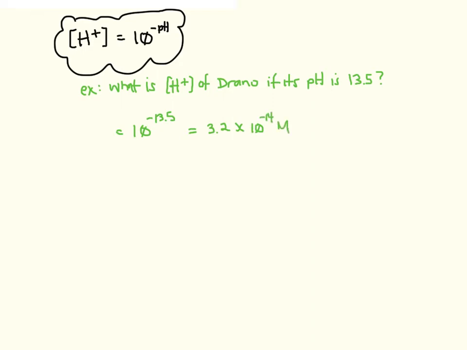And then, of course, because it's a concentration of hydrogen ions, you have to put molar after it. And I hope you notice that pH doesn't have a unit on it. So when you report a pH, it's just a number. But, of course, this is the concentration of hydrogen ions that we're reporting here. So you would need to put molar on it. And notice that this and this are pretty close to each other.